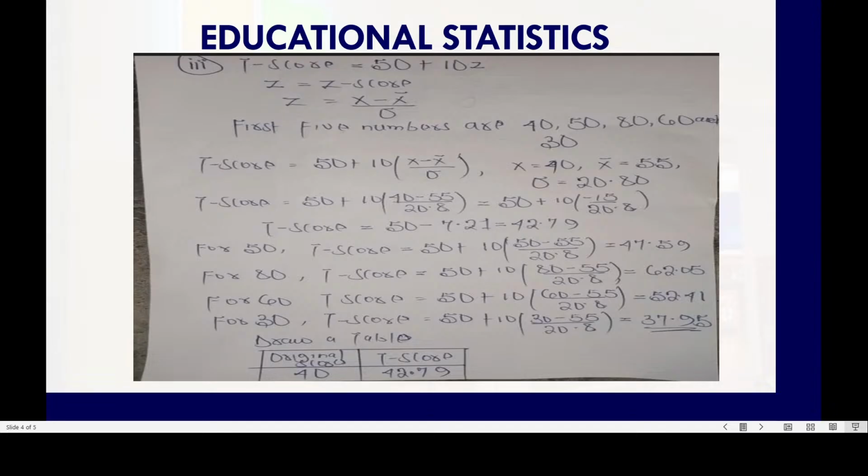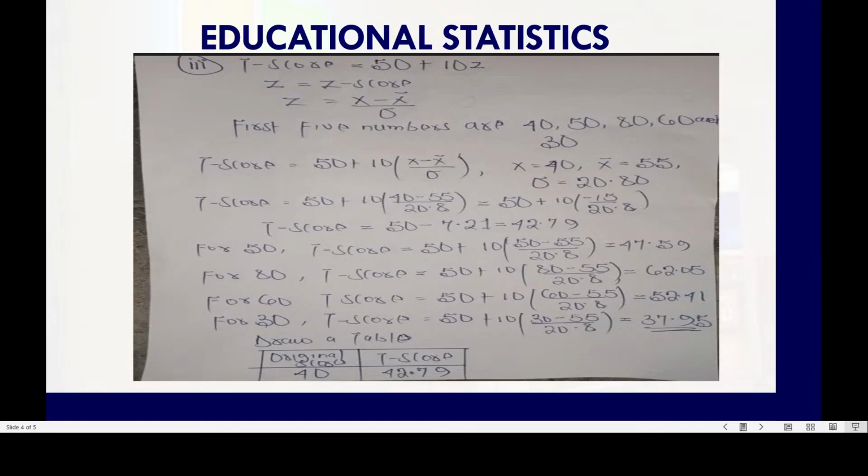Okay. I say sometimes the question can demand of you to find the z-score without the t-score. So if I am asked to find the z-score, the formula for z-score is x minus x bar divided by standard deviation only. So you don't need to be writing 50 plus 10z.